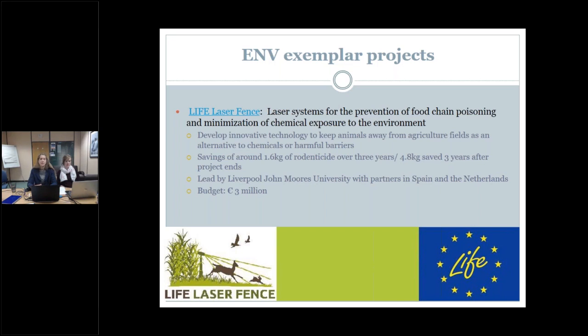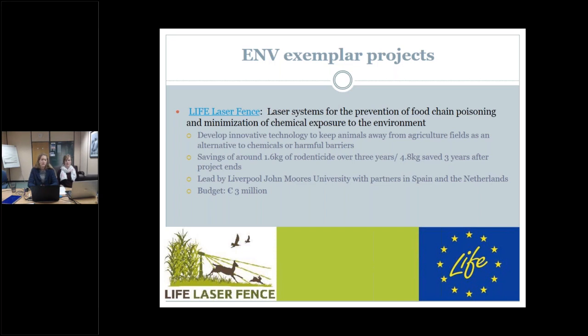So, animals do tend to graze or be drawn to agriculture fields. There's a lot of loss for farmers in terms of their yields because of rodents and deer eating the crop. So they tend to use a lot of pesticides and rodenticides to keep these animals away, which then also enters into the food chain.